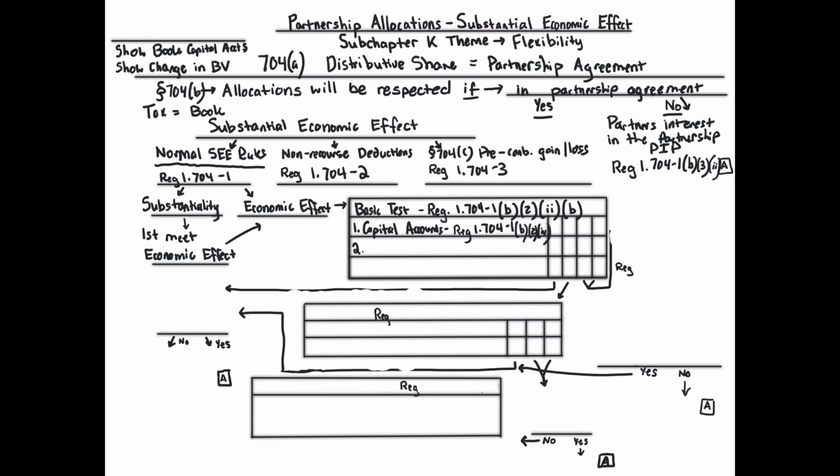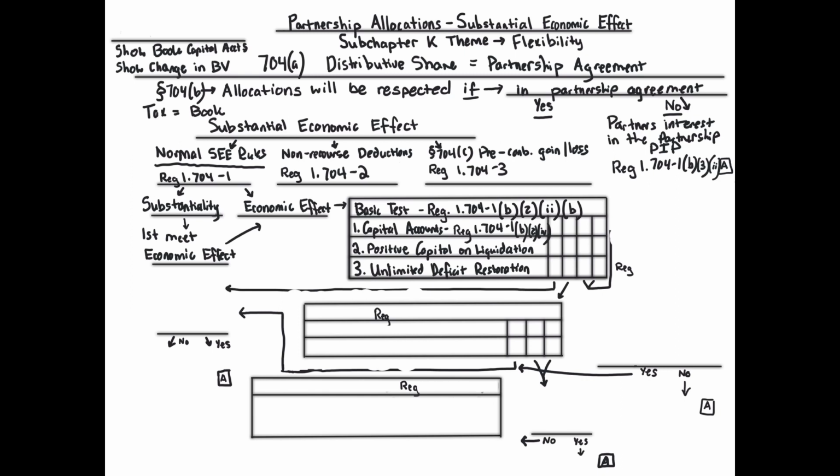The second requirement is that on liquidation, if the partnership was to liquidate, we're going to follow positive capital accounts in terms of allocating out the cash to the owners. So I call that positive capital account liquidation. On liquidation, the partners get the positive capital accounts. The third is the unlimited deficit restoration, meaning that any partner, if they go negative in their capital account, is required to restore.